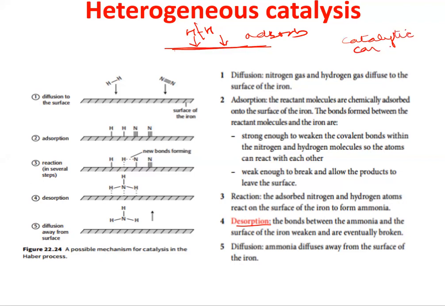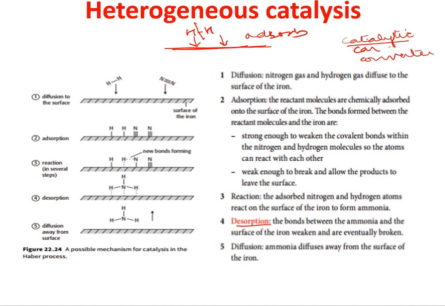In the catalytic car converter, we have the catalyst in a honeycomb structure inside the converter, where different oxides of nitrogen, the nitrogen oxides, and carbon monoxide come and adsorb on the surface of this catalytic honeycomb structure.